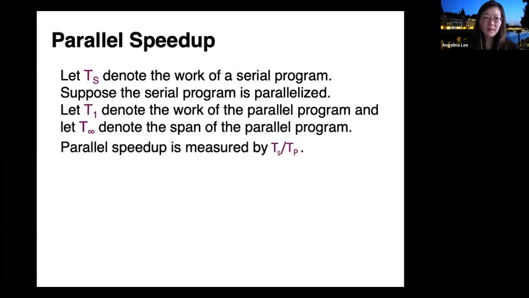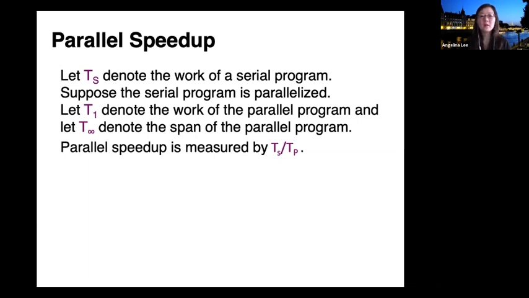Okay. Now, as I mentioned earlier, a work stealing runtime provides provably efficient execution time. So let's take a look at that. Here, I'm going to use the notation T_S to denote the work of a serial program. With Cilk code, for any parallel code, you can omit the spawn and sync and convert a cilk_for into a regular for, and you get a corresponding serial program.